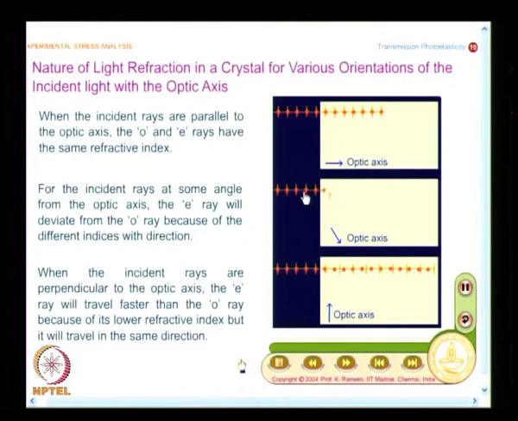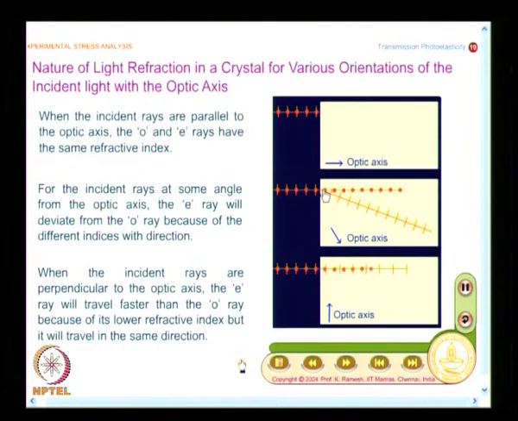In the second case, the incident light is at an angle to the optic axis. In the third case, the incident light is perpendicular to the optic axis. What I mentioned in the last class was, the third case is particularly attractive to photoelasticity.